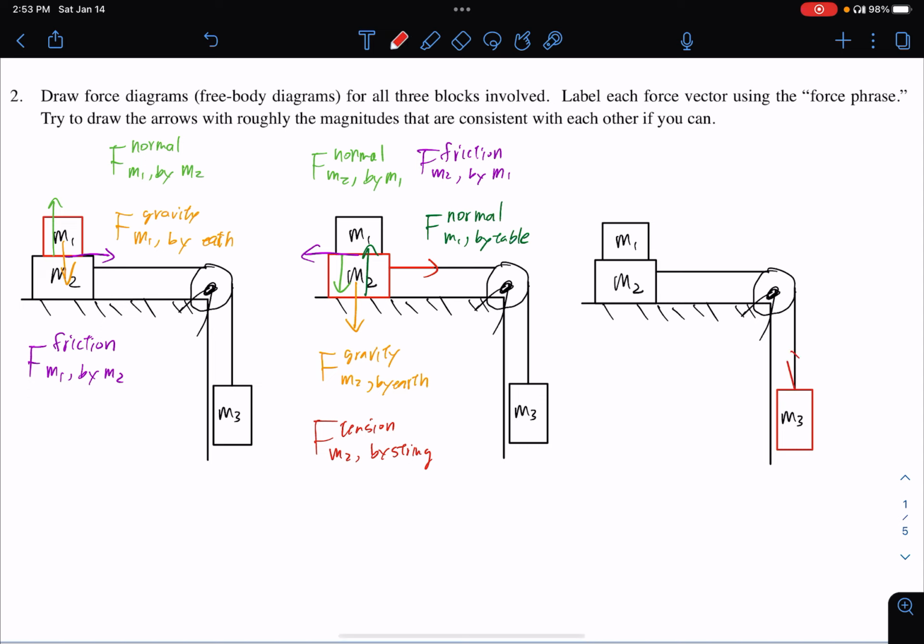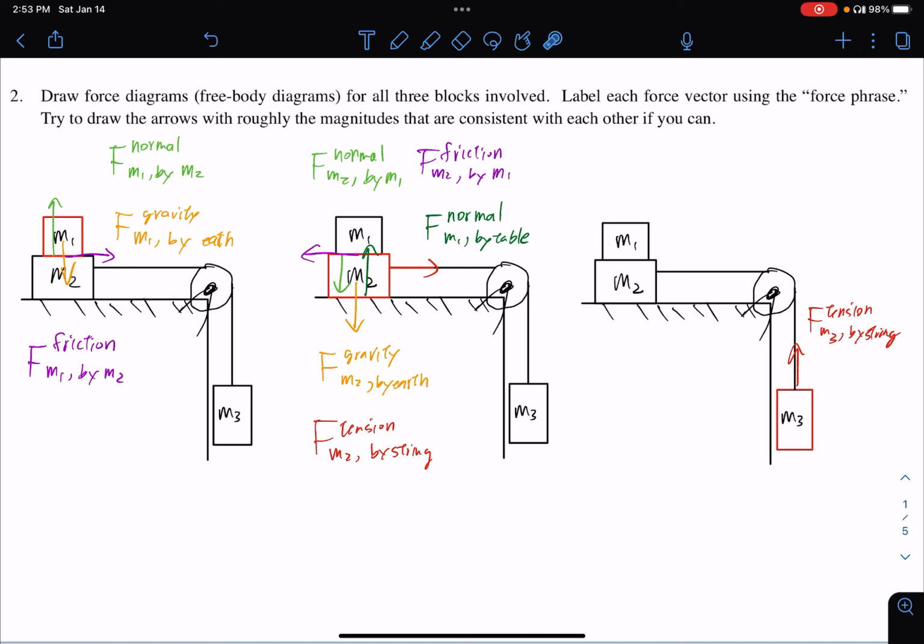The string will pull up and give M3 a force. This is again a tension force, but this one is acting on M3 by the string. So you see these two tension forces are both tension forces, but they are different because we are looking at different objects.